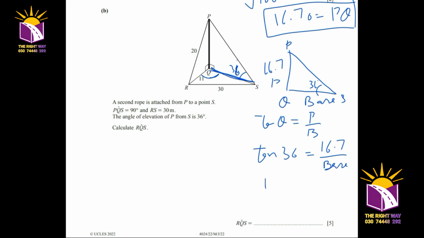So base will be equal to 16.7 divided by tan 36, and it will be equal to 22.98, which is approximately 23. So base will be 23.